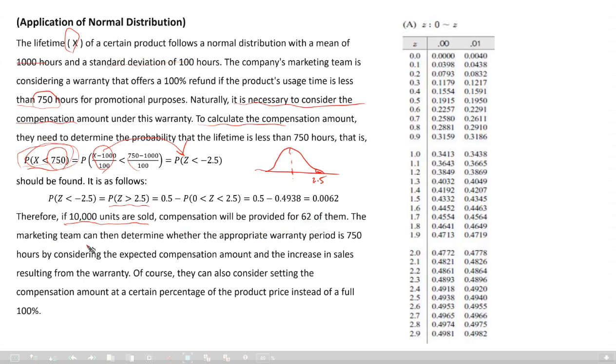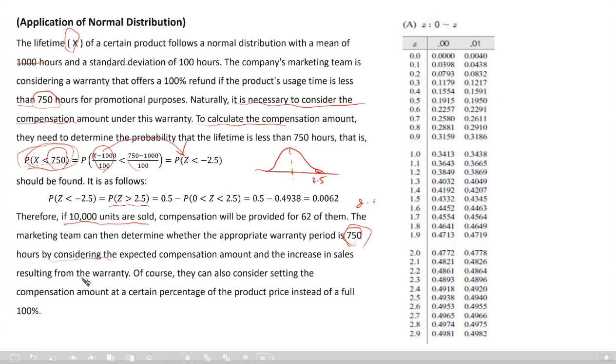The marketing team can then determine whether the appropriate warranty period is 750. If 750 is too high, then take it lower, or if it is too small, then for example, 800 hours, something like that, by considering the expected compensation amount and the increase in sales resulting from this warranty.